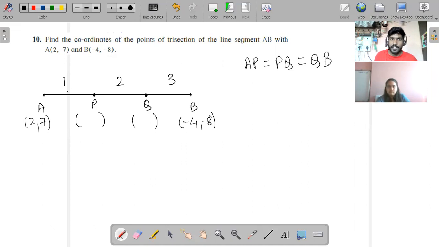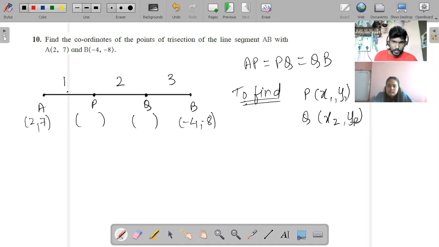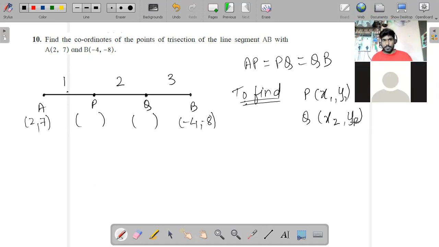All of these three are equal to each other. Let the coordinates of P be (x1, y1) and the coordinates of Q be (x2, y2). Is the question clear now? What is given and what has to be found?